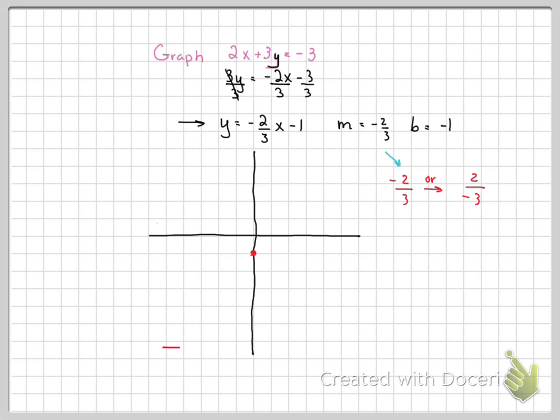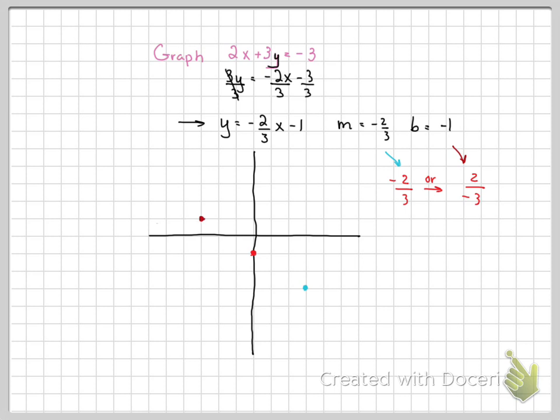Let's start with this one first. We'll go down 2 and right 3. Okay, and that's that point when we go down 2 and right 3. But let's now also do up 2 and left 3. So go back to your y-intercept, and we'll go up 2 and left 3, and that is that point.